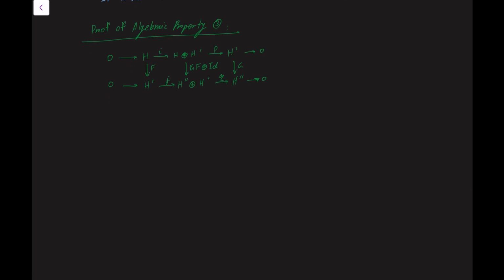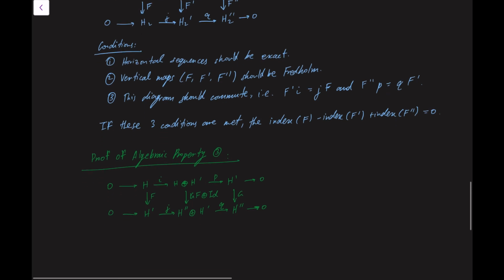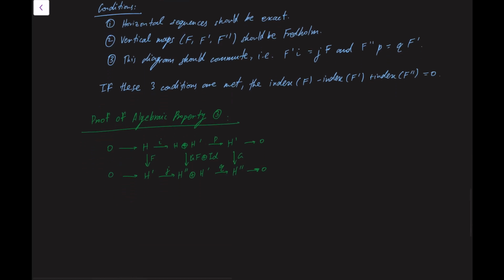And now let's check if it satisfies these three conditions for using the snake lemma. The first condition, that horizontal sequences should be exact. Oh, before we do that, I need to tell you what I, P, J, and Q actually are.